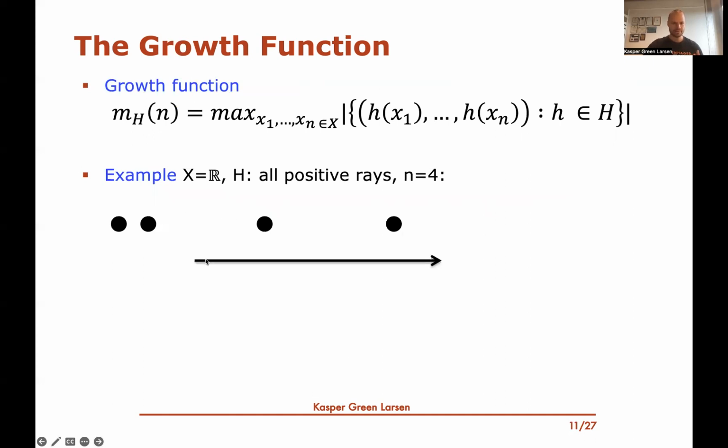And this is a positive ray. A positive ray is a ray that starts at some position on the line and then goes to infinity upwards, in the positive direction. For any such positive ray, this gives a labeling of the points. So you can say everything after the start point of this line is labeled -1, and everything before is labeled +1.